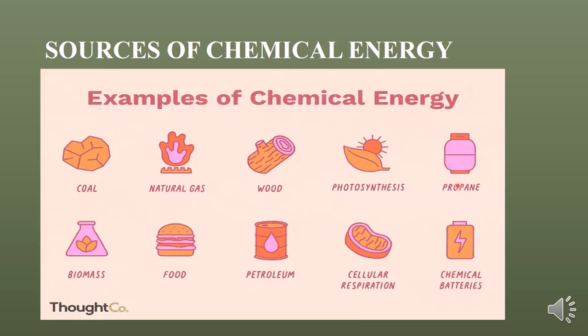Can talk about propane, can talk about chemical battery, which are used in our remotes. We have cellular respiration, we have petroleum, we have food, we have biomass as well. So all these are some examples of sources of chemical energy. Good.